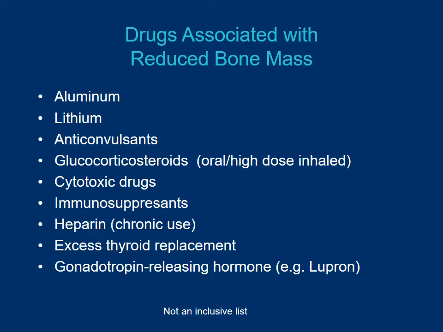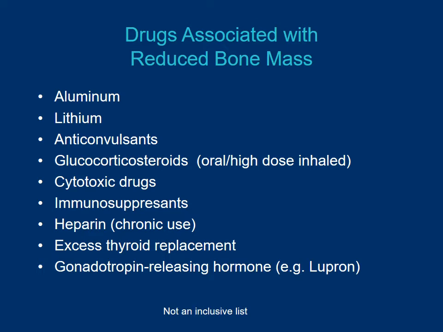Even lower doses, 5 milligrams or more per day, but for longer periods, will predispose to osteoporosis. So it's very important to ask your patient in the history about the past or current intake of steroids.